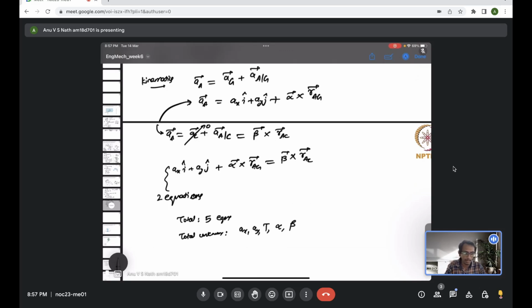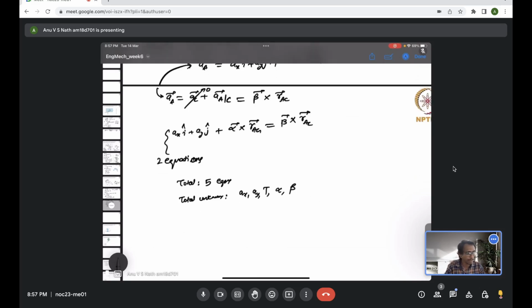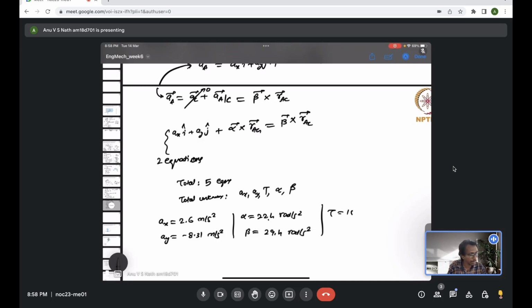So I'll just write the values. You'll have AX being 2.6 meter per second square, AY is 8.31 meter per second square, alpha is 22.4 radian per second square, beta is 29.4 radian per second square, and tension is 15 Newton.